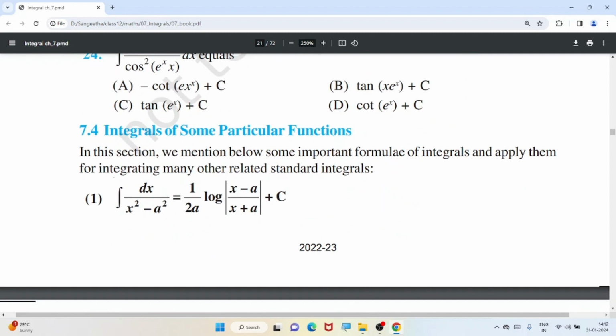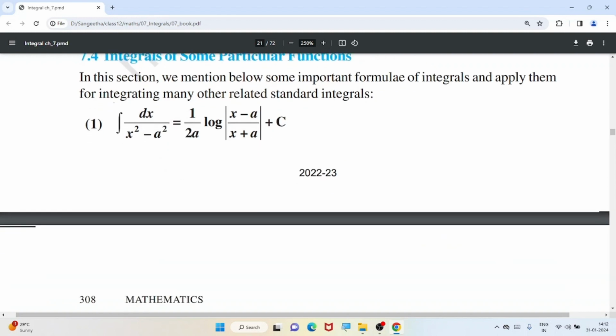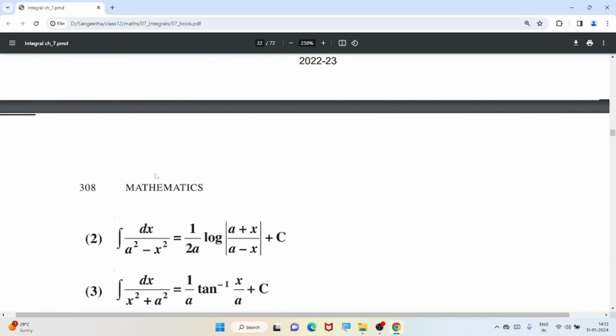Integral of some particular special functions: dx by x square minus a square equal to 1 by 2a log of x minus a by x plus a, plus c. See, x square minus a square gives x minus a by x plus a. Similarly here, a square minus x square, you see the difference: a plus x by a minus x.